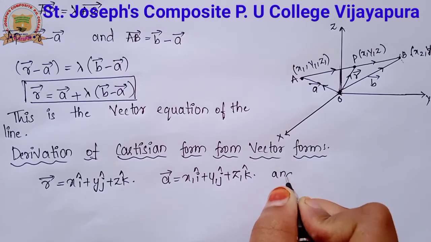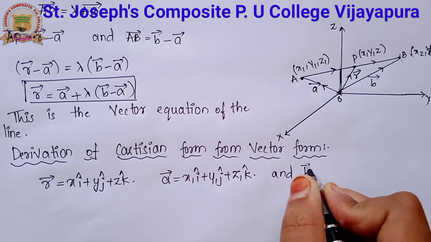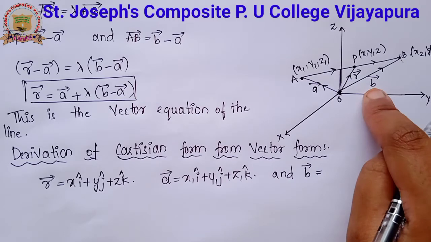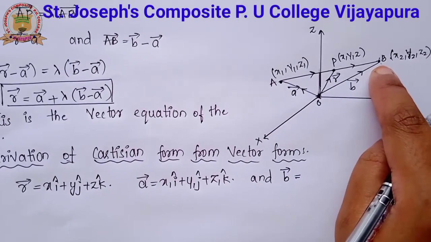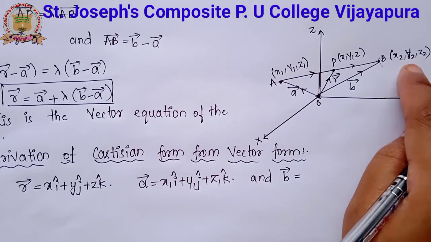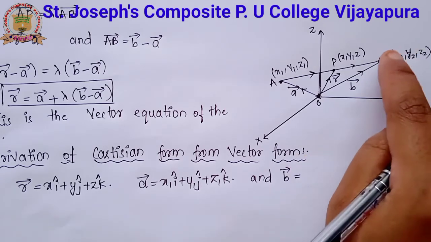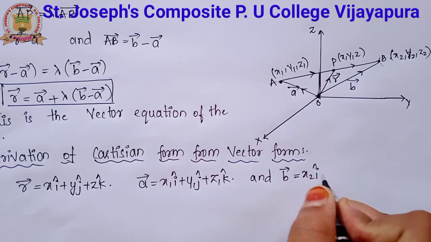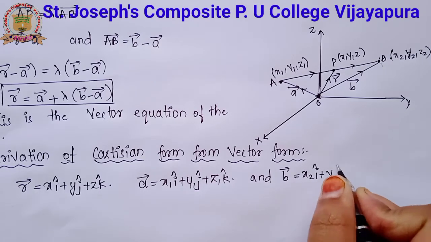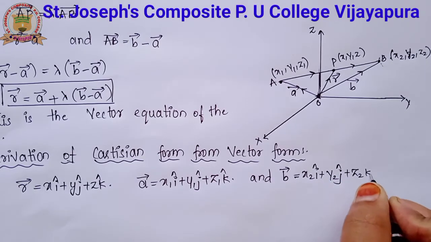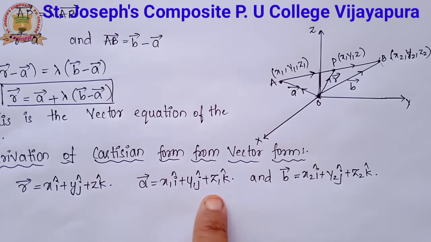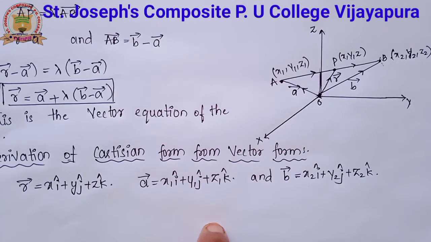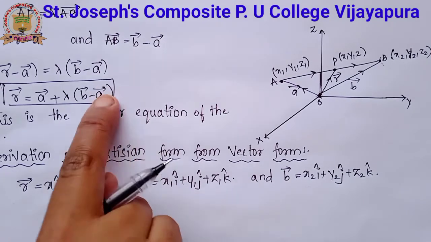And B vector is the position vector of the point B, having the coordinates x2, y2, z2, which can be written in vector form as x2 i vector plus y2 j vector plus z2 k vector.